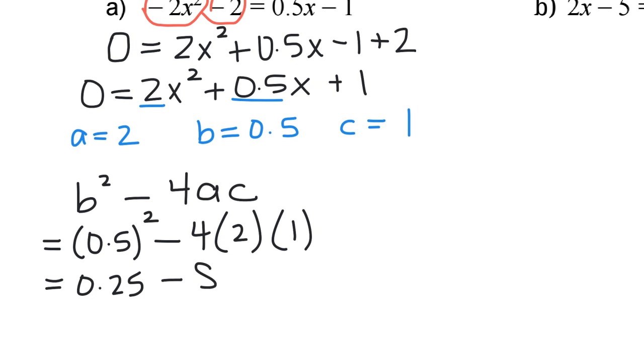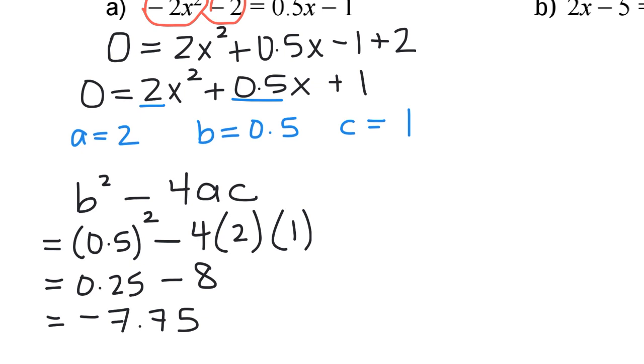So this is going to be -8. So 0.25 minus 8 is -7.75.